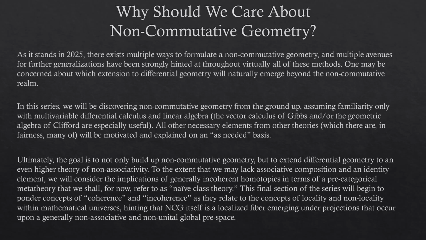This final section of the series will begin to ponder concepts of coherence and incoherence as they relate to the concepts of locality and non-locality within mathematical universes, hinting that non-commutative geometry itself is a localized fiber emerging under projections that occur upon a generally non-associative and non-unital global prespace.